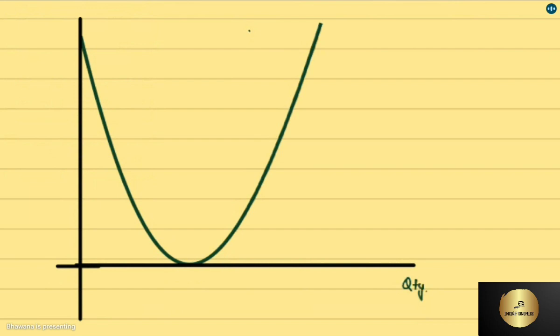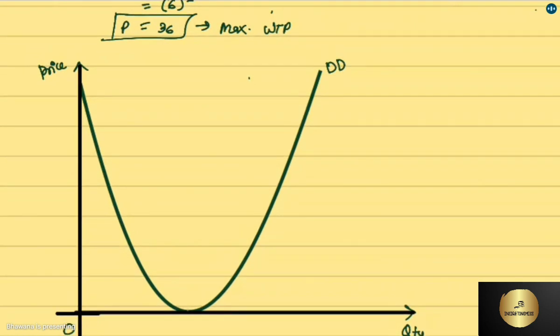Okay, this is the quantity, this is price, this is your demand curve. So it's like why you got this interception at this point. So you can get it simply like this, 6 minus q square, and when you put q is equals to 6, so you will get 6 minus 6 whole square, so it will be 0. So when your quantity demanded q is equals to 6, your price will be 0 like this.